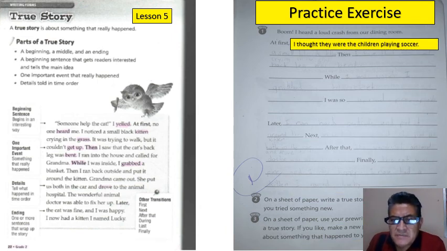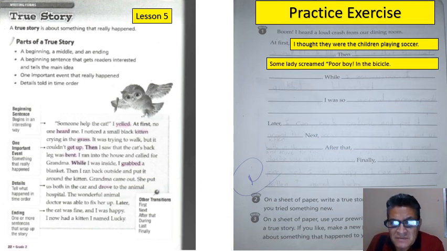It says, boom! I heard a loud crash from our dining room. At first, see, what happens here is that you were busy doing something, and then suddenly there was a big sound, boom, like a bomb, see? So it says, I thought they were the children playing soccer, because sometimes that happens. Then, there's the word then.